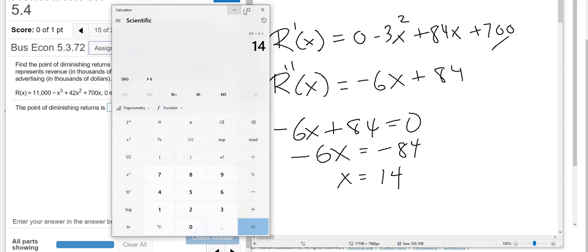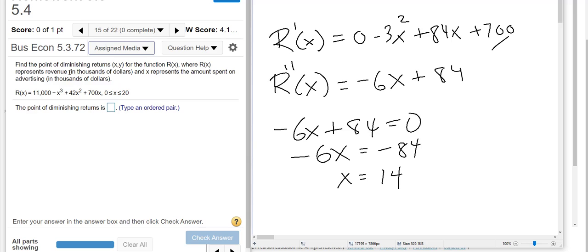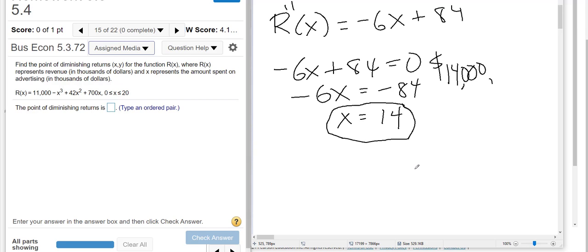Now we have to pay attention here because it says x represents the amount spent on advertising in thousands of dollars. So basically we're spending $14,000. And now we have to find the y value, or the function value, that's representing the revenue that's happening at the point where your return starts to diminish, and that is it starts to increase at a decreasing rate.